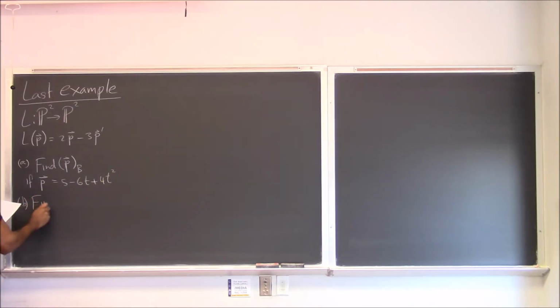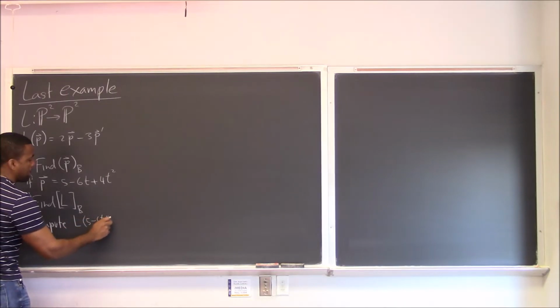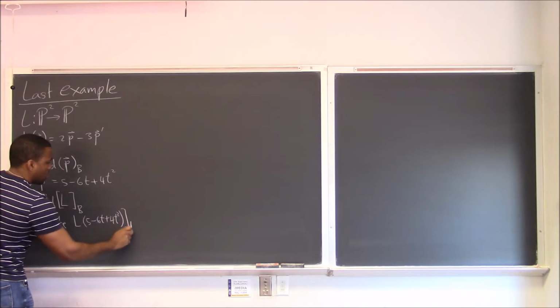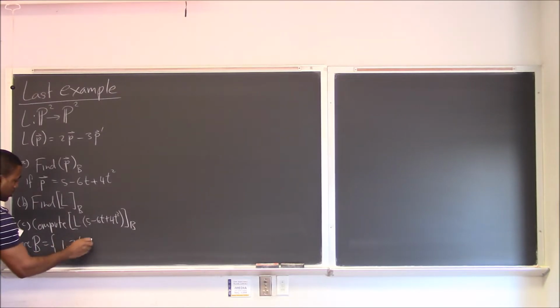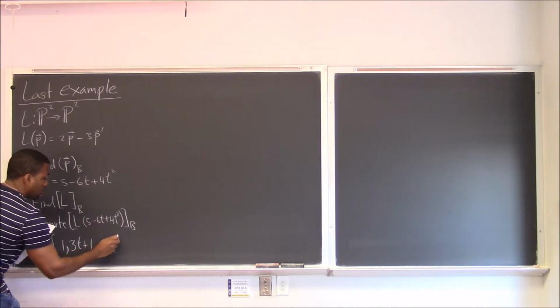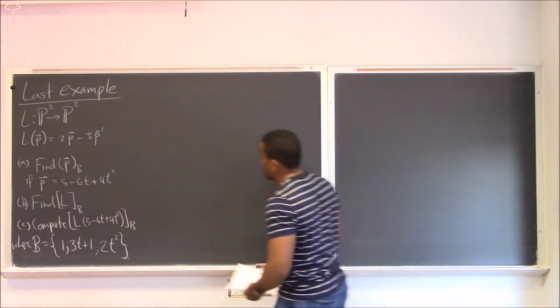B was to find the standard matrix of L with respect to the basis B, and C was to compute L of this guy with respect to the basis B, where B was a basis for P2, which was 1, 3t plus 1, 2t squared.